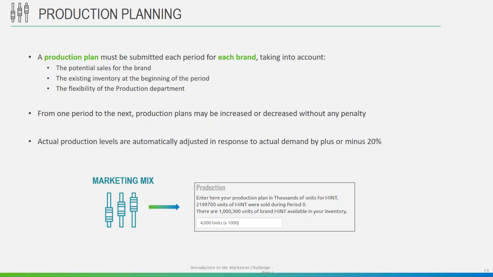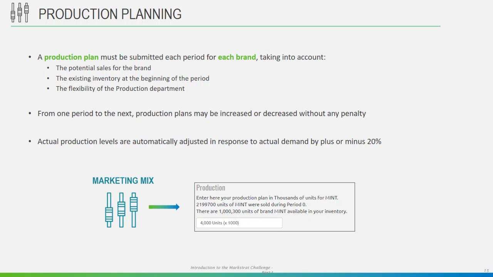You're making an educated guess, so you have to be aware that it's not an exact science. Each period you can increase or decrease how many units you order to be produced. Units that aren't sold carry over to the next period, so then you can sell them in that period. It will require you to adjust your production levels.